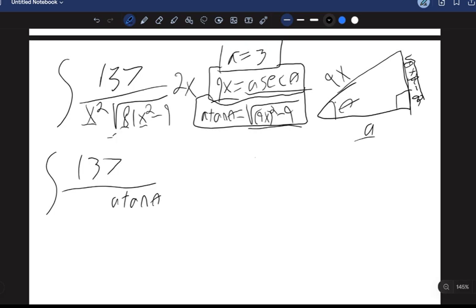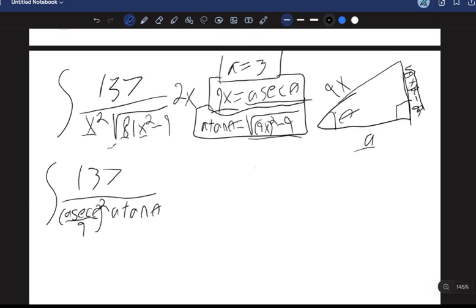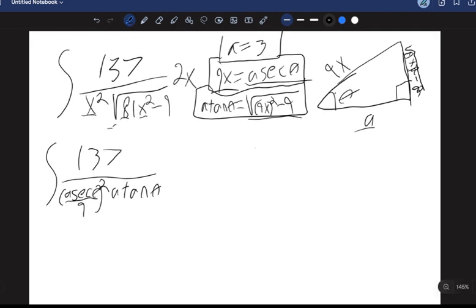So I can say that a secant theta over 9, all squared. Yep, that'll be the easiest thing you can do. Because 9x all squared is the same as 81x squared.